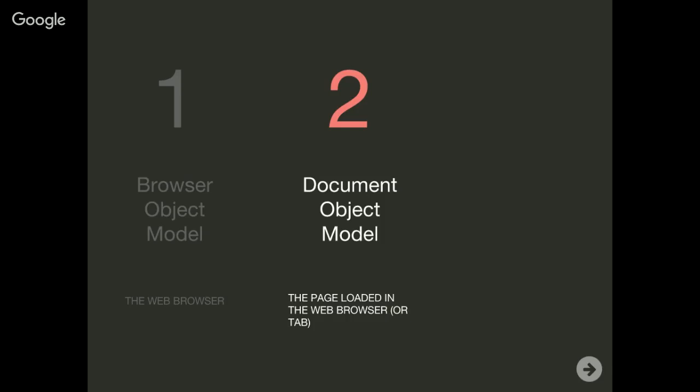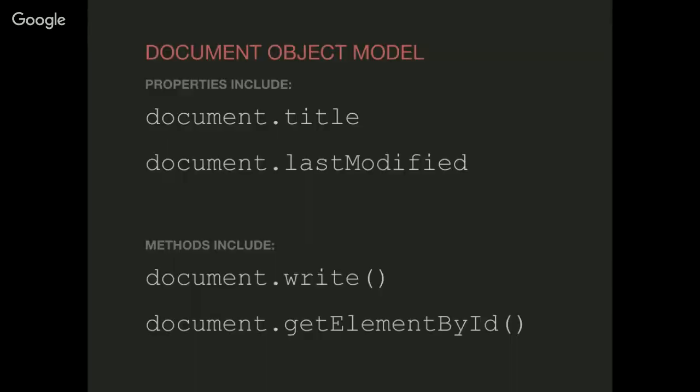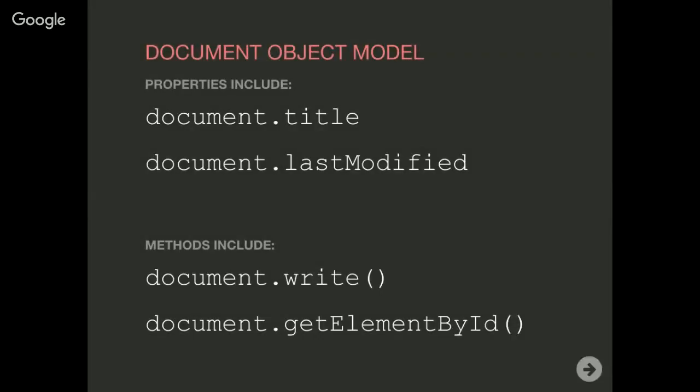So the browser is the entire browser, and your page is the document, and the document object model is created from your page. You remember we talked about the document object model? Here are some of the methods and properties of the document object: title, last modified, and two that you're familiar with, document.write and getElementById. So that's where these come from. They're built-in methods of the document object.